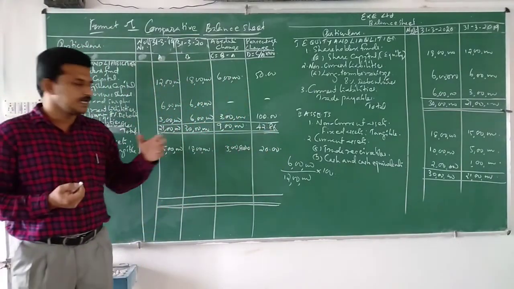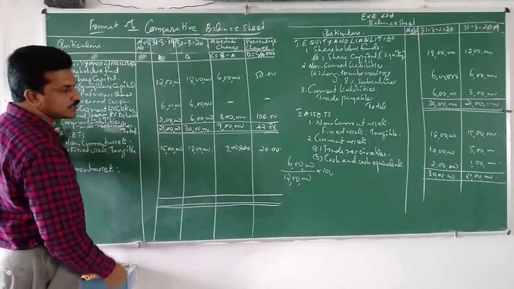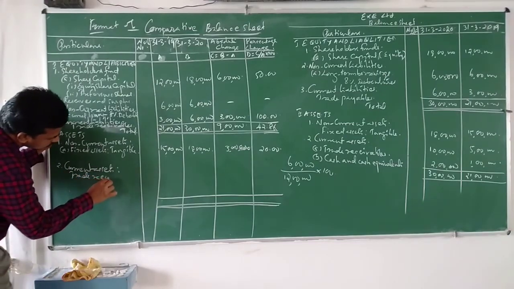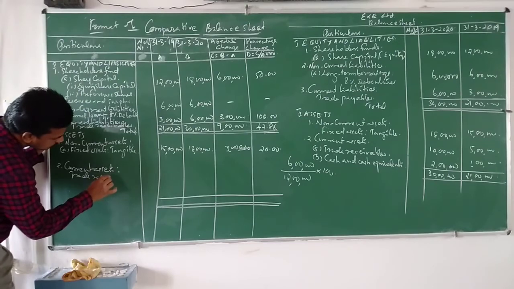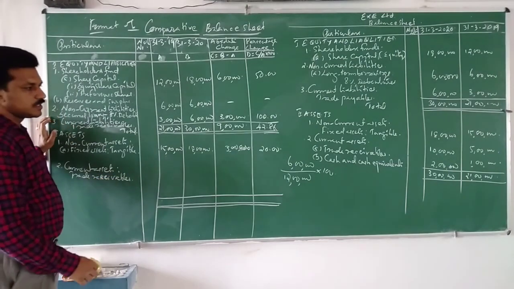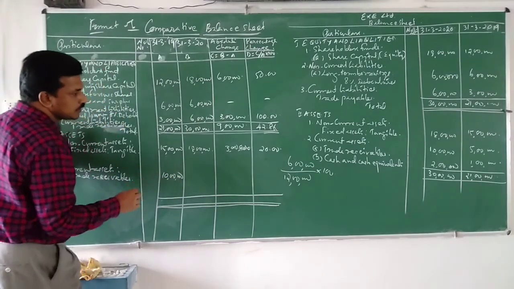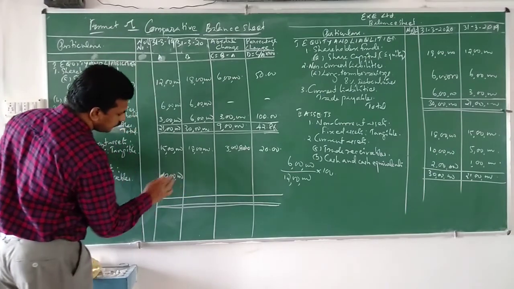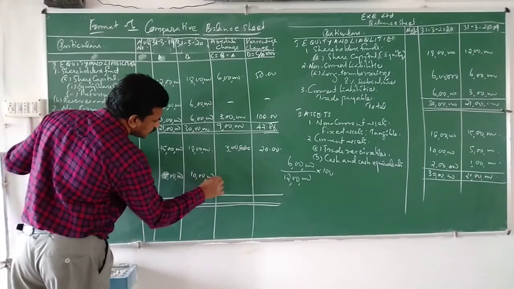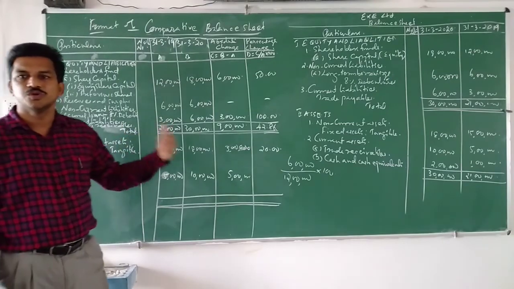Okay, then current assets. Which are the current assets given? Trade receivables. Trade receivables we have given 5 lakh and 10 lakh. There is an increase of 5 lakh. 5 lakh divided by 5 lakh into 100.